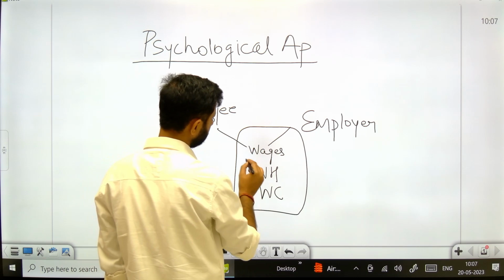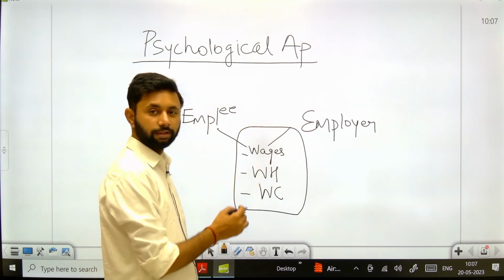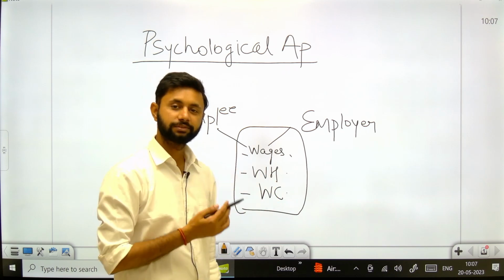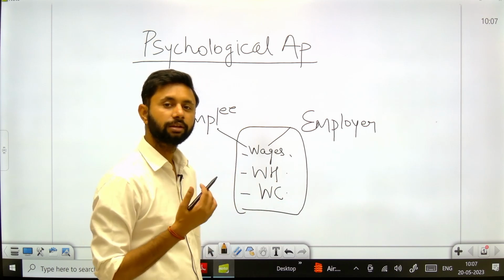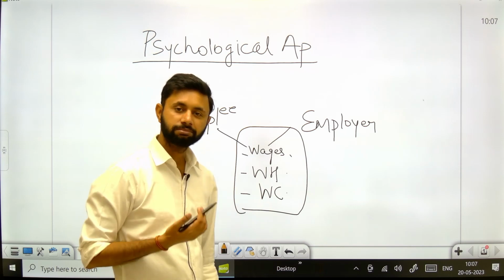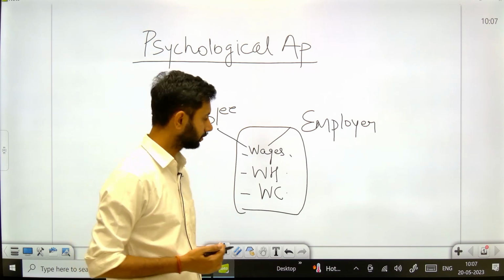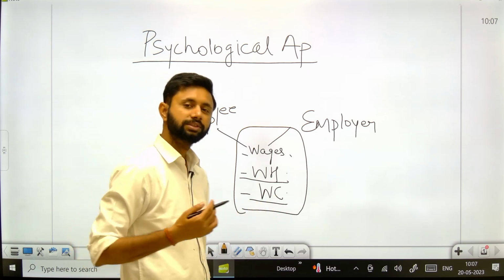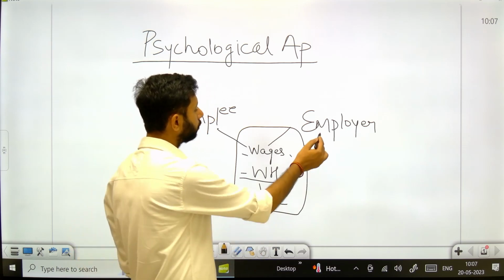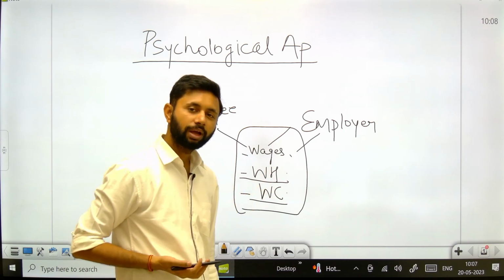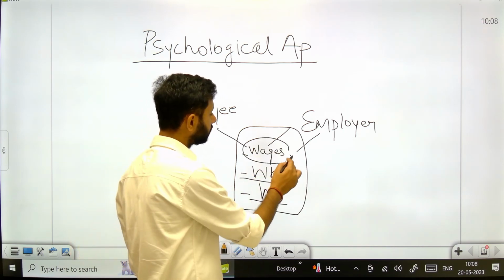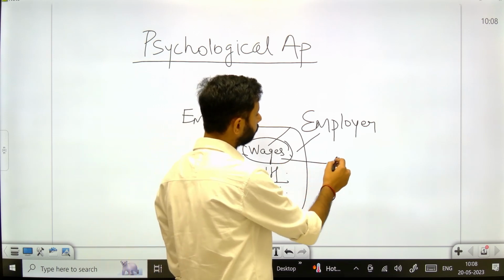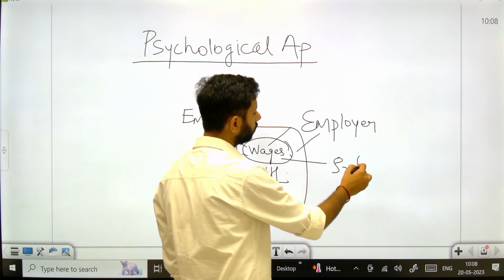Within these three major points, the employee has various expectations: that his wages must be such that he can feed his family and himself and live a dignified existence, with decent working hours and safe working conditions. The employer also has expectations: the wages must be such that profits continue to grow.